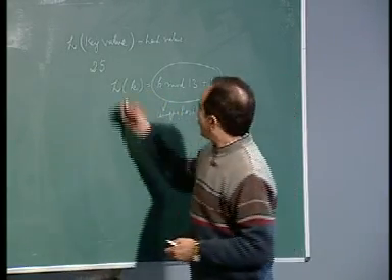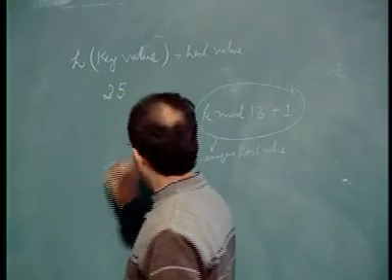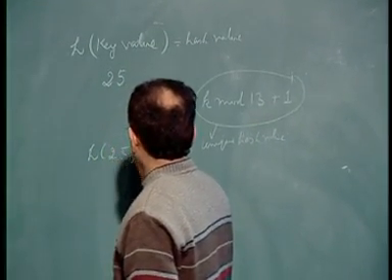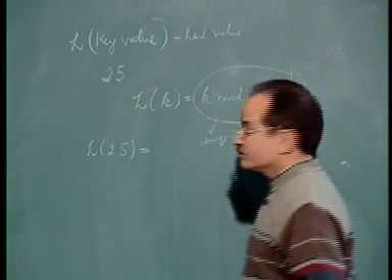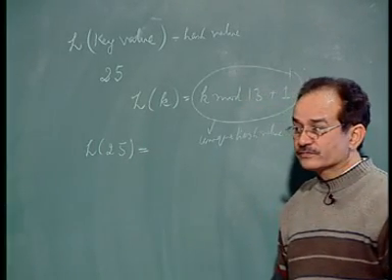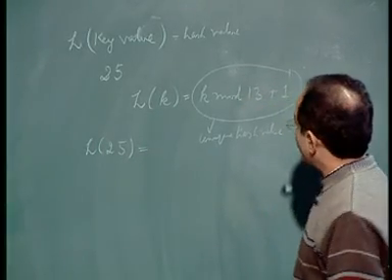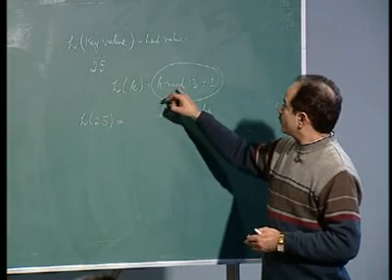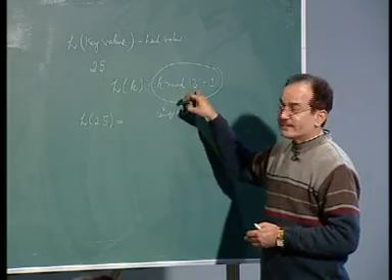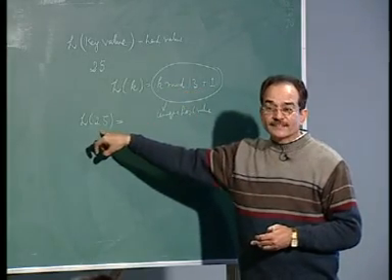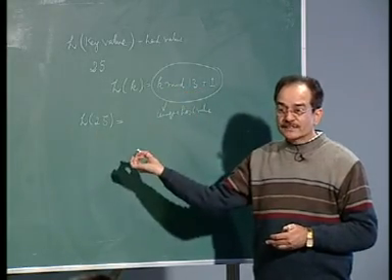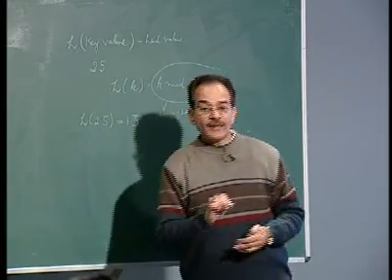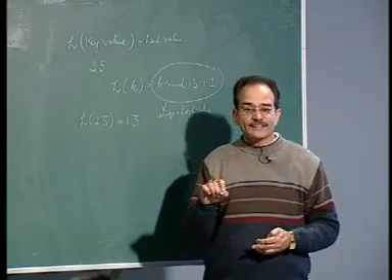Let us say, as I said, my value is 25. The moment I say h of 25, what value does it give? It will give you k modulo 13, 13 twos are 26, so it will give you 12, 12 plus 1, it will give you 13. So, my hash value which has come out is 13.